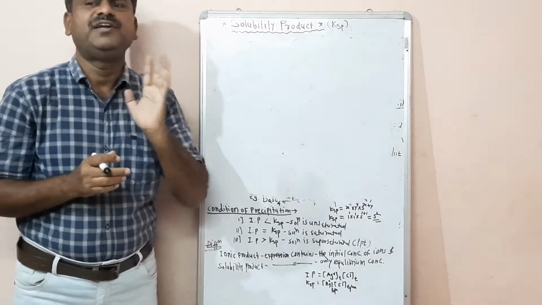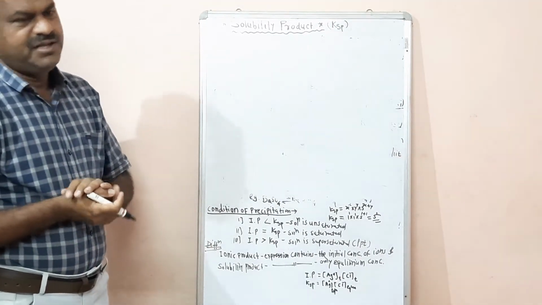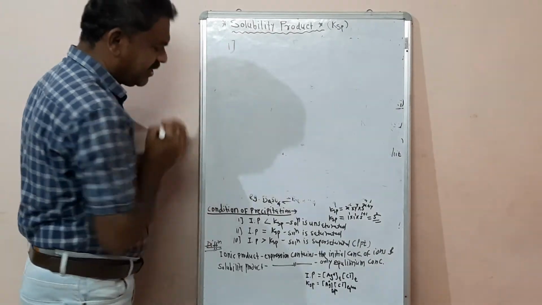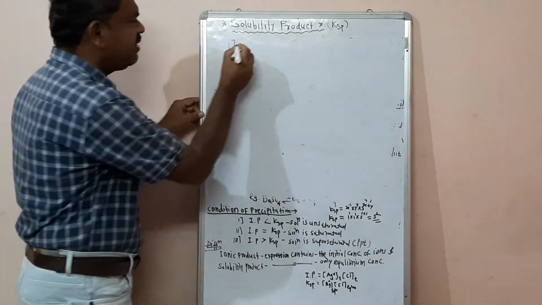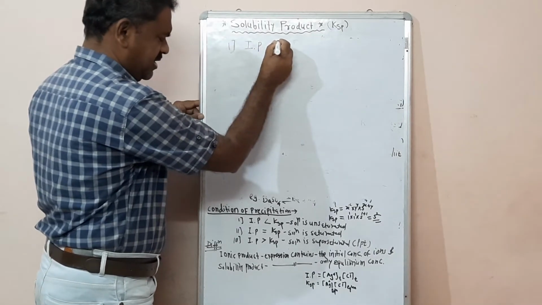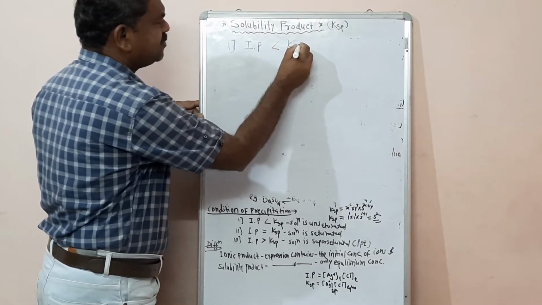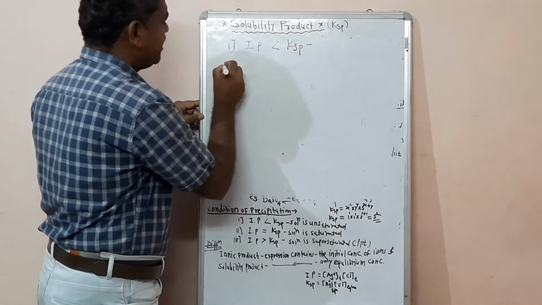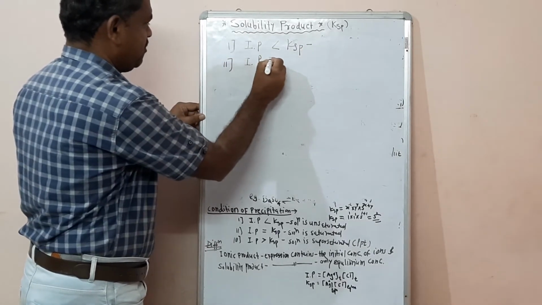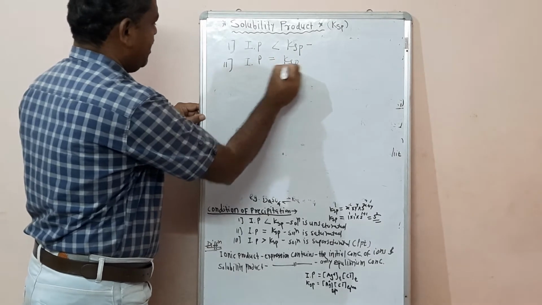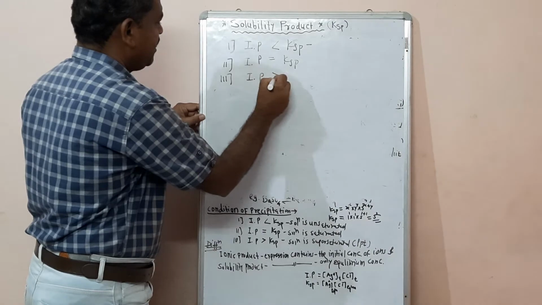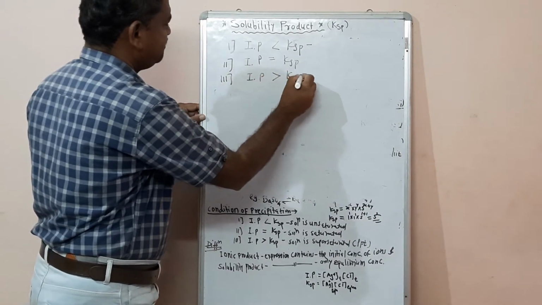Now there are three conditions. The first condition: the ionic product is less than Ksp. The second: the ionic product is equal to Ksp. And the third: the ionic product is greater than Ksp.